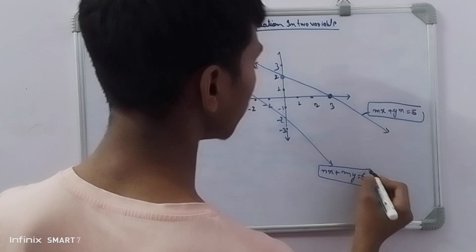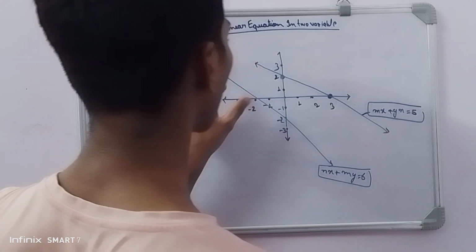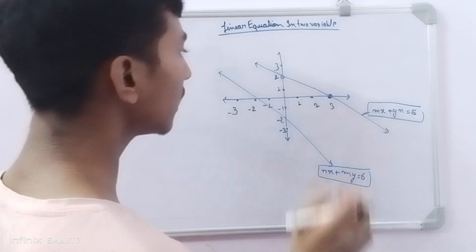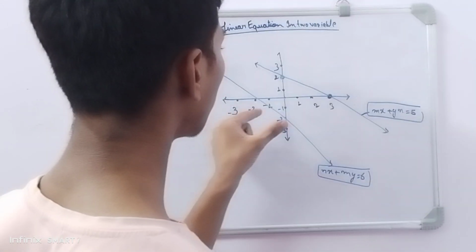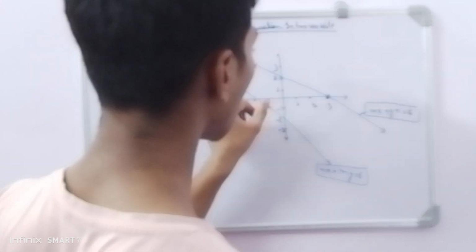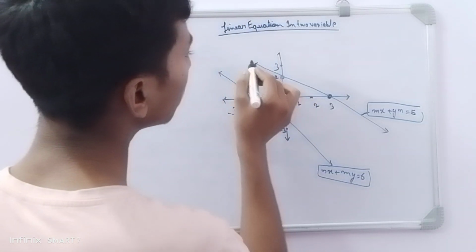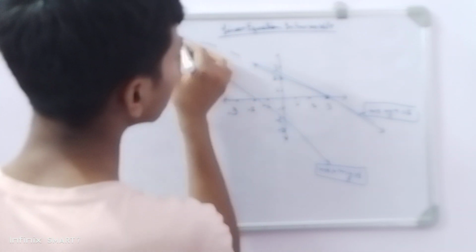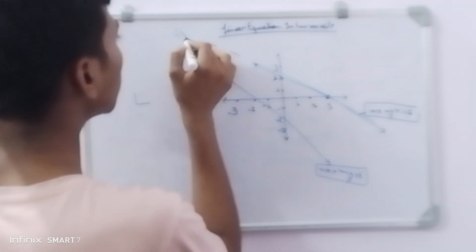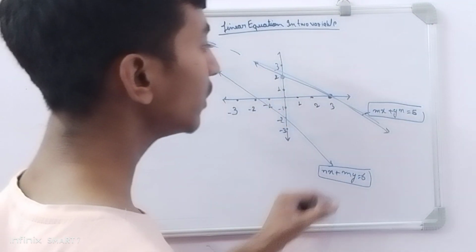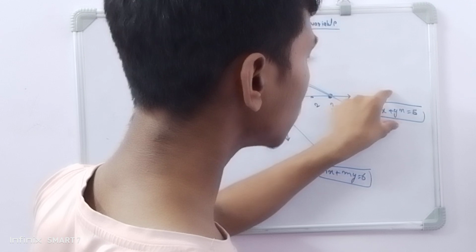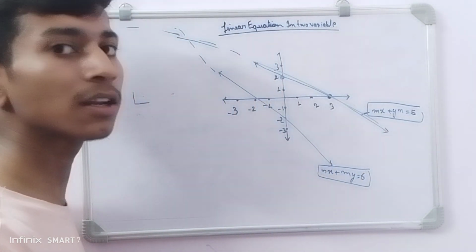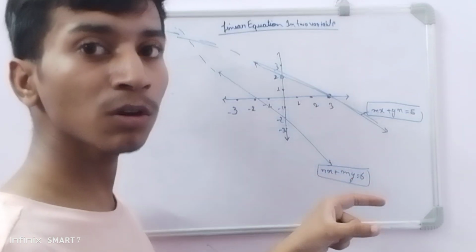So in this way, when we plot both of the graphs of the different equations on the same plane, we are able to see that both lines are going to intersect at a point. If they intersect at a point, that means the two equations have a common solution.